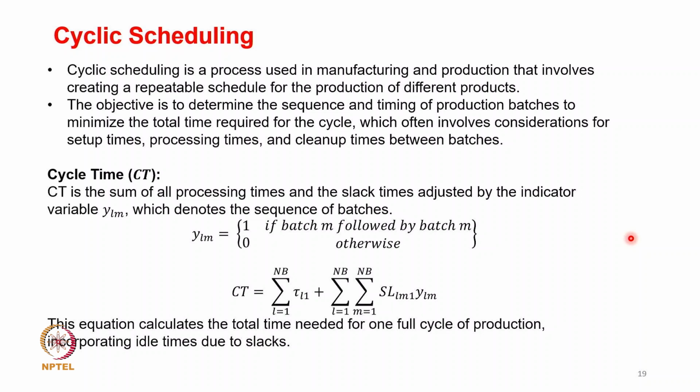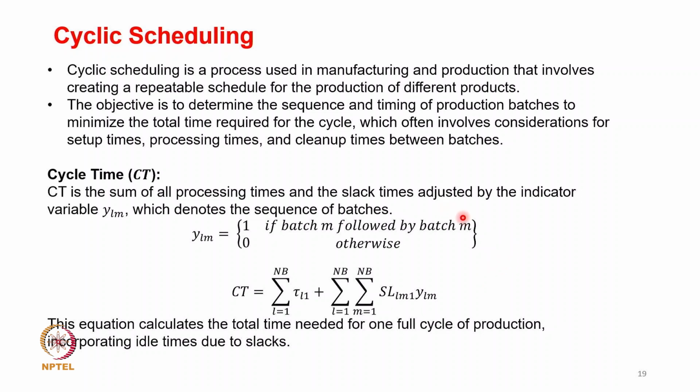The objective here is to obtain the sequence and timing of the production batches to minimize the total time required for the cycle, which often involves considering setup time, processing time, cleanup time, transfer time, everything. We have seen how we compute cycle time, and we wanted to compute that, and eventually we would like to optimize that.